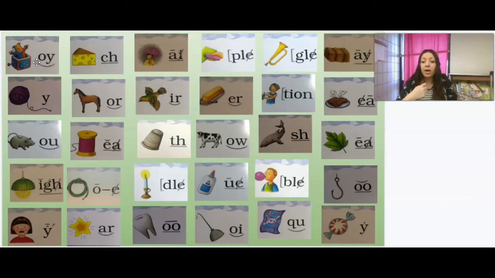So our first one we have toy, oi, diphthong OY, cheese, ch, digraph CH, rain, A, digraph AI, staple, pull, final syllable PLE, bugle, gull, final syllable GLE, hey, A, digraph AY, yarn, Y, horse, or, combination OR, bird, combination IR, butter, combination ER. This is that tricky one.